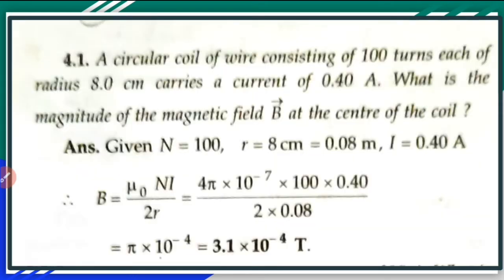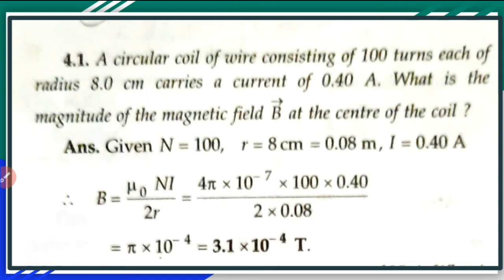Now we will discuss some questions from the exercises. First question. A circular coil of wire consisting of 100 turns, each of radius 8 centimeter, carries a current of 0.4 ampere. What is the magnitude of the magnetic field B at the center of the coil? It is a circular coil with 100 turns, and we need to find the magnetic field at the center.